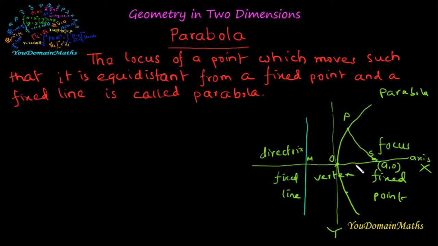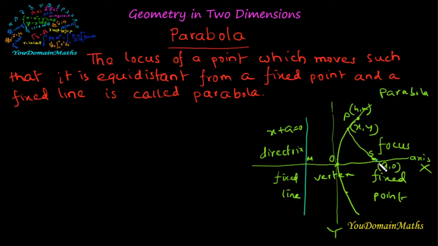Since OM and OS are the same, the equation of the directrix is x plus a equals 0. Any point P is denoted by x, y, but here P is denoted as h, k.